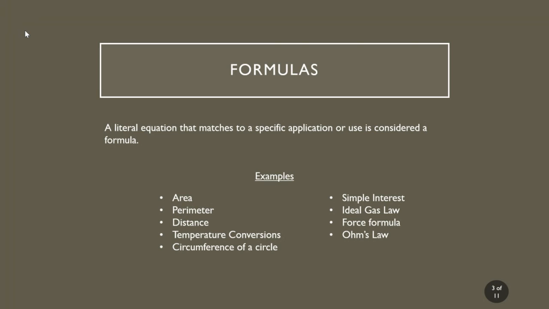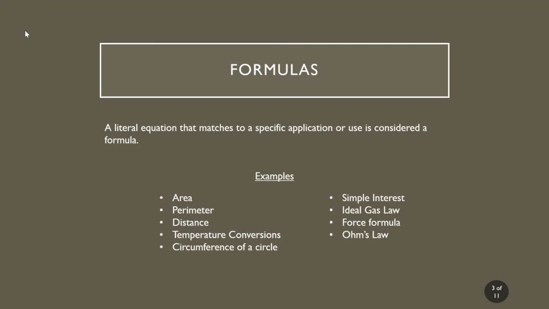Some examples of common formulas are formulas for area, perimeter, distance, temperature conversions, the circumference of a circle, the simple interest formula, the ideal gas law, the force formula like F equals MA, and Ohm's law, V equals IR. These all have specific applications. They're not just like 2x equals 10. 2x equals 10 is not a formula because it doesn't connect to an application. It's still an equation, just not a formula.